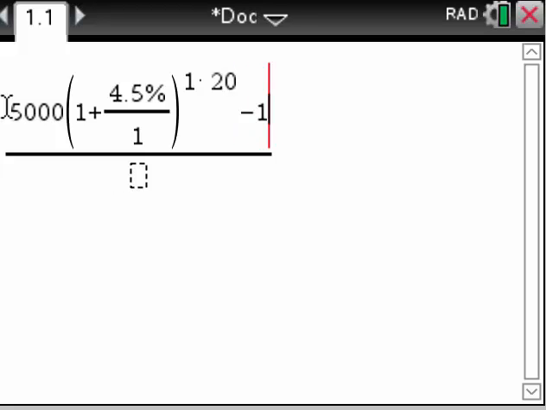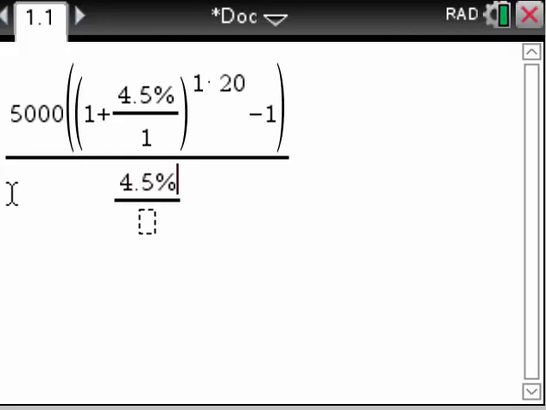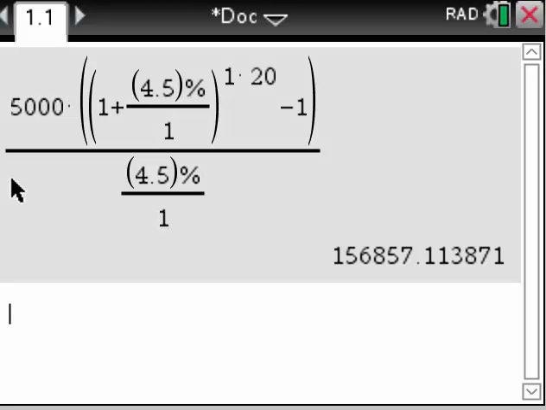That's the part kids miss. And then another parenthesis. Oh, I forgot the initial parenthesis. So let's go back here. I need a second parenthesis. Got that? Then go to the bottom, do another top-bottom fraction. So 4.5% over 1 and hit enter.